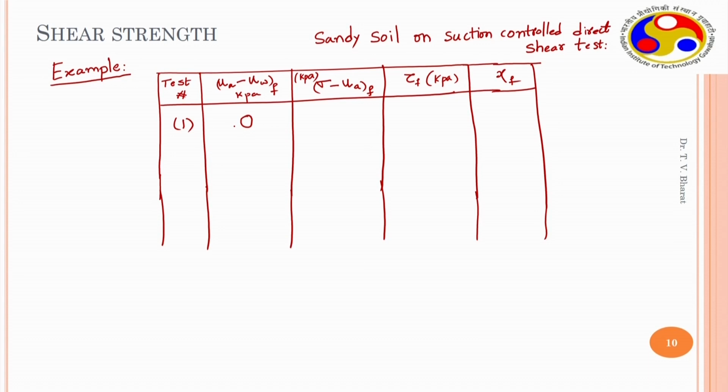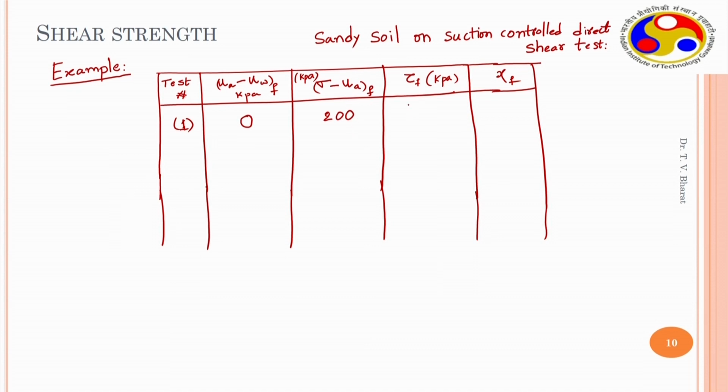So, when UA minus UW is controlled to 0, that means fully saturated soil. This is typically a normal direct shear test, but here you have a drainage control. So, therefore, the pore water pressure can be better controlled. So, the sigma minus UA is kept 200 kilopascal.